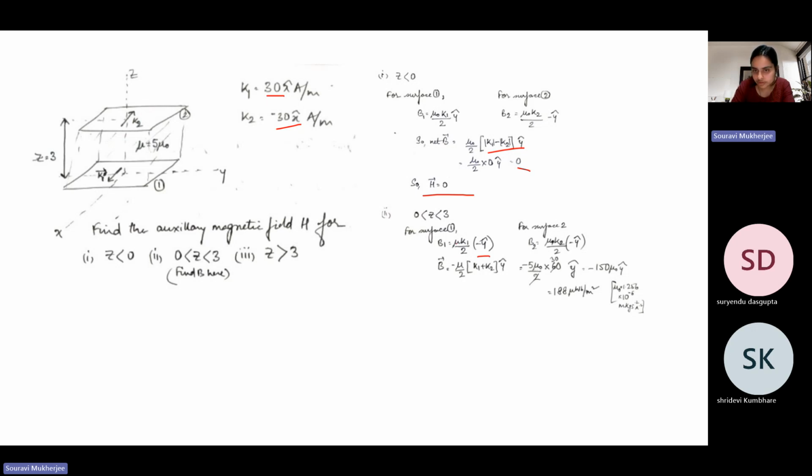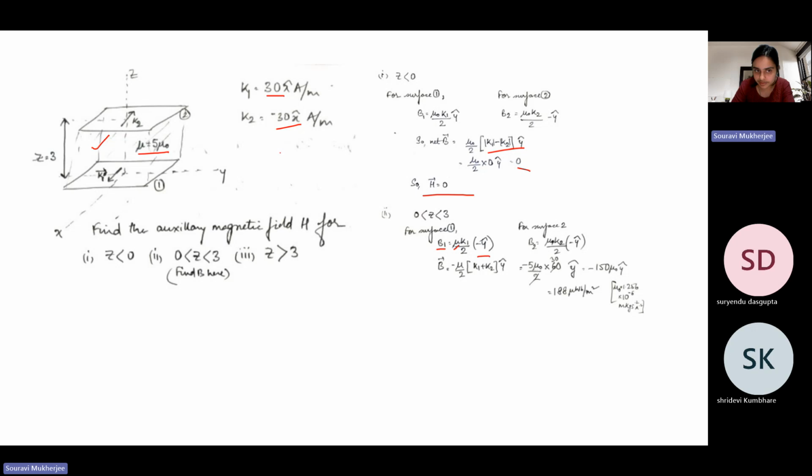Important to note, you have mu here, not mu naught. When you are looking at the field, you have to consider the effect of the medium. The medium has a permeability which is 5 times the permeability of free space, and that does affect the field. So the field is given as mu into k1 by 2.